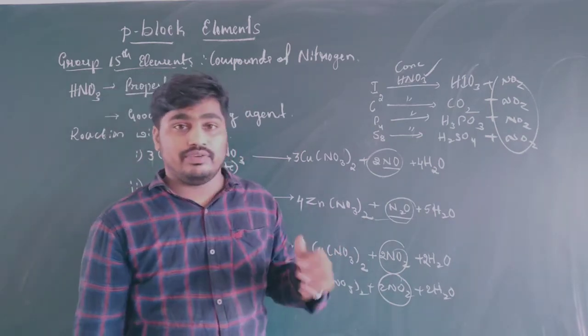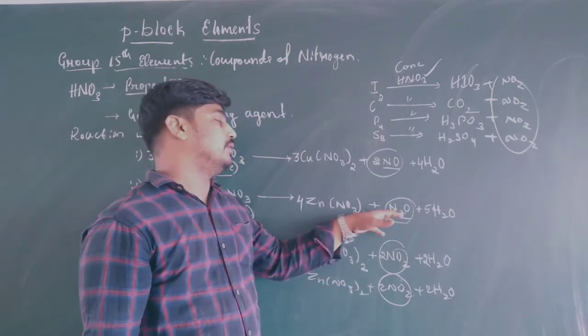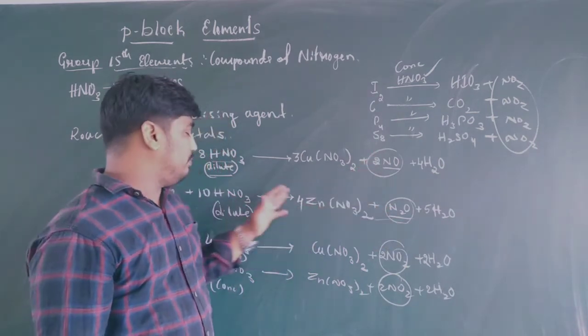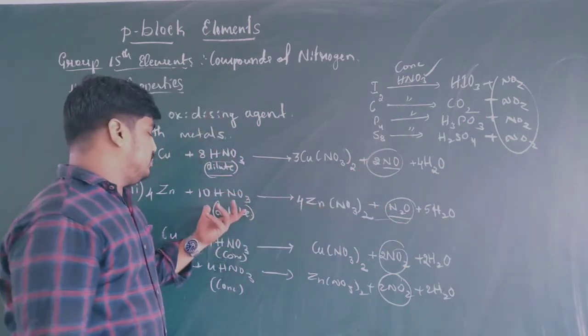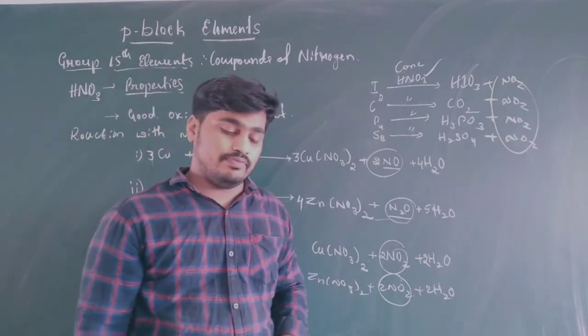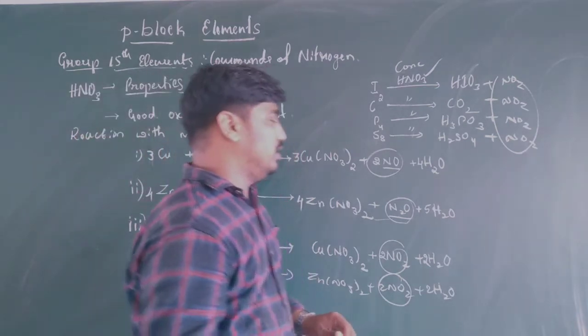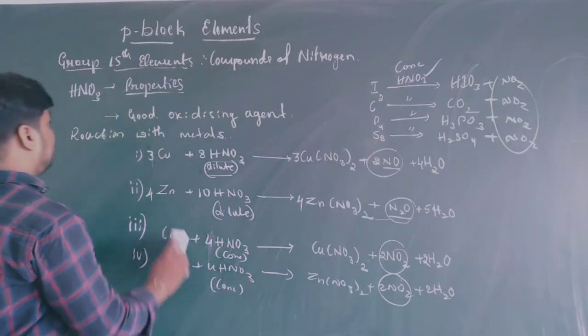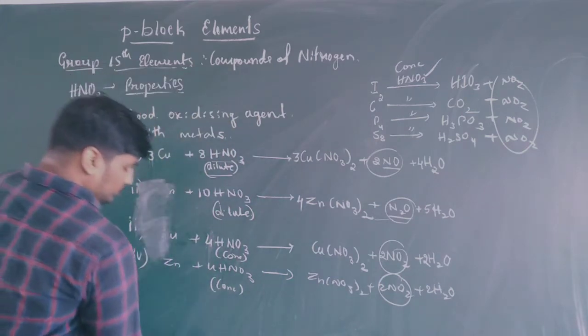The production of different oxides depends on the case when we consider dilute nitric acid in the reaction. So these are the very important concepts of the properties of nitric acid.